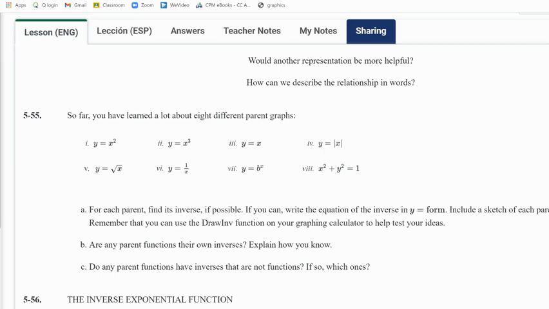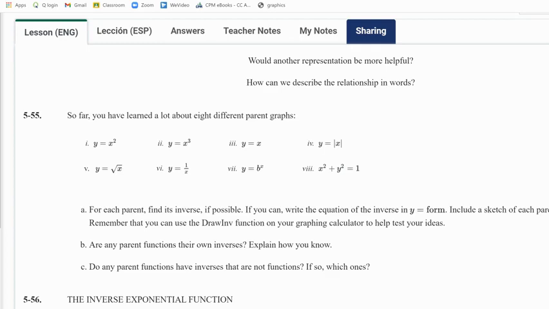And then lastly, it says, do any parent functions have inverses that are not functions? Remember, the easiest way to tell if something is not a function is by doing the vertical line test. Okay, so go ahead and do those on your own right now. Go ahead and push pause, and then we will come back and look at that.